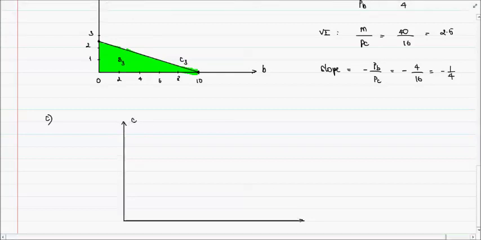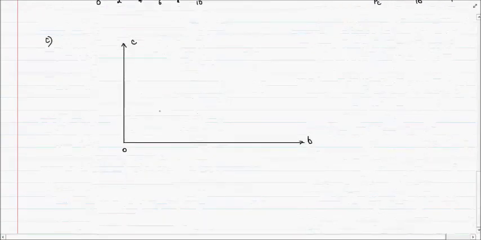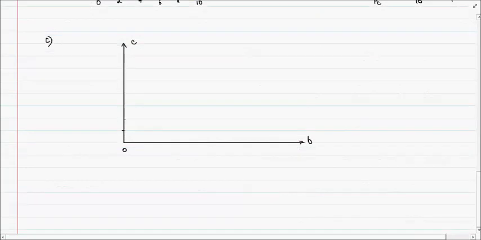So I got C over here, I have B over here, and I have 0 here. The first diagram I got 4 and 20. So I got 1, 2, 3, 4, and then I got 2, 4, 6, 8, 10, 12, 14, 16, 18, and 20.